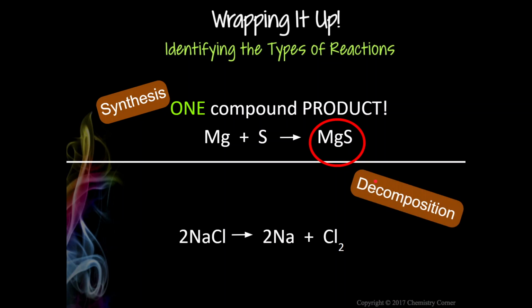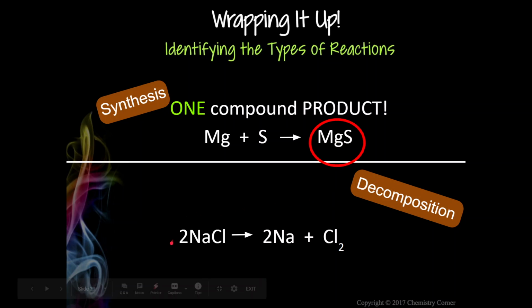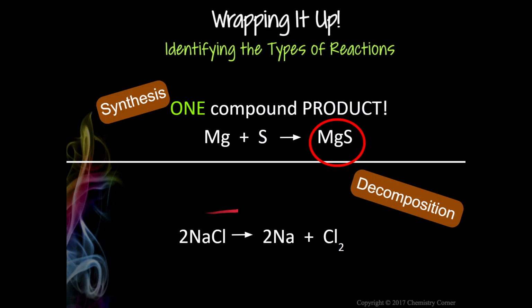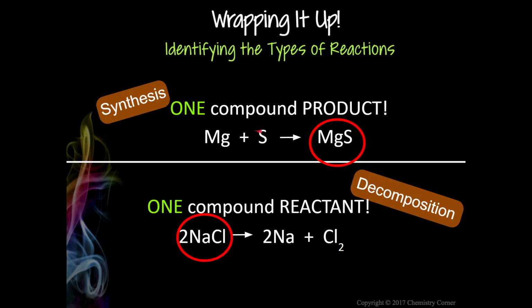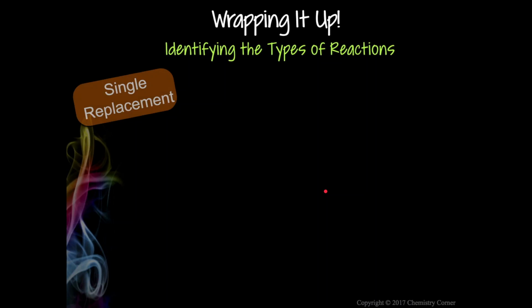Decomposition is going to work oppositely. It's going to be breaking something. So typically you'll start with only one compound and break that down into two elements or two simpler compounds, two or more. One compound in the reactant. So if you have one compound in the product, that's usually synthesis. One compound in the reactant, usually decomposition.